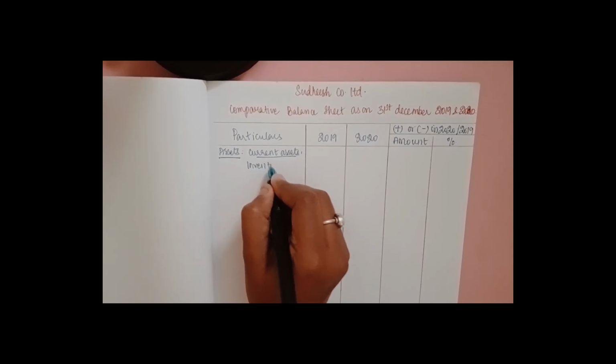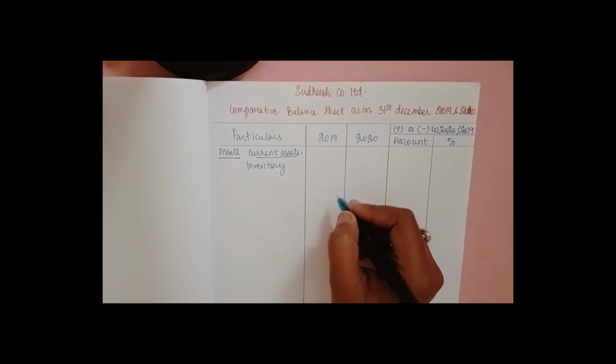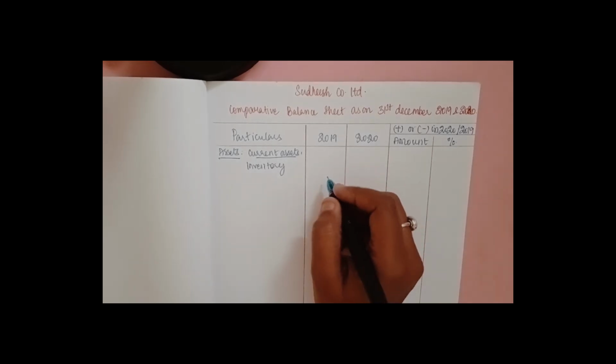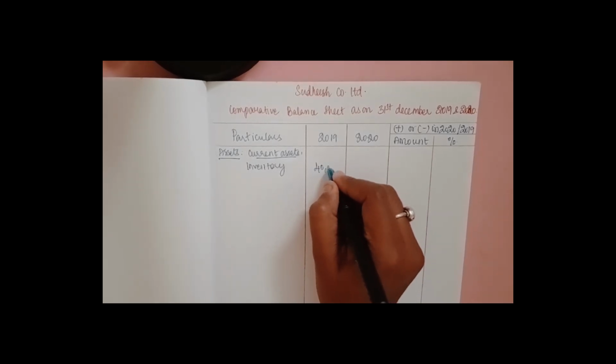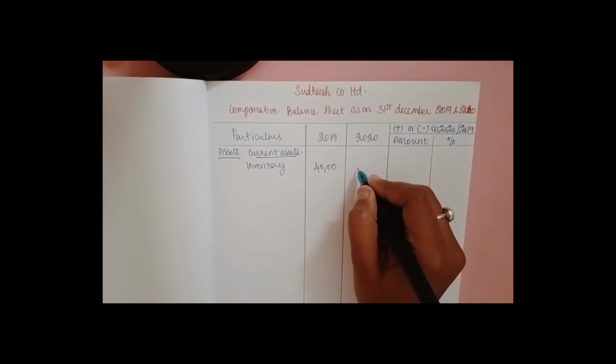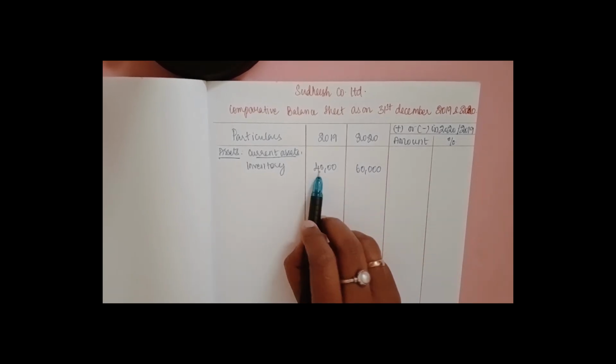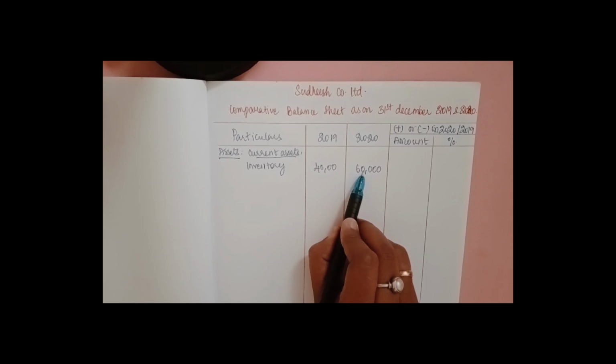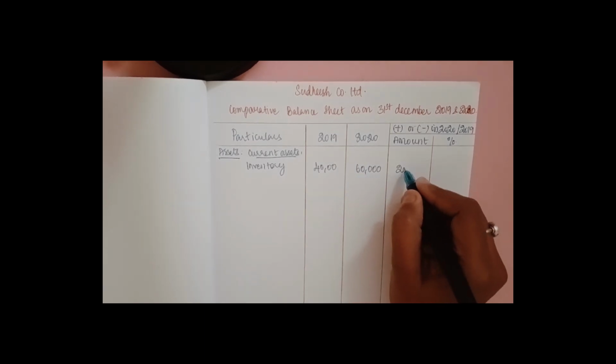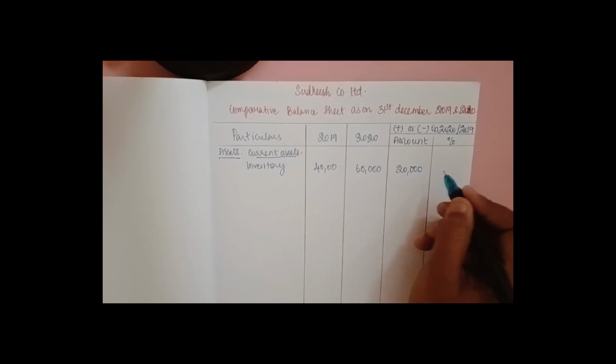One is inventory. The 2019 value is 40,000 and the 2020 value is 60,000. Compared to 2019, in 2020 there is an increase in the amount. So it has been increased by 20,000.